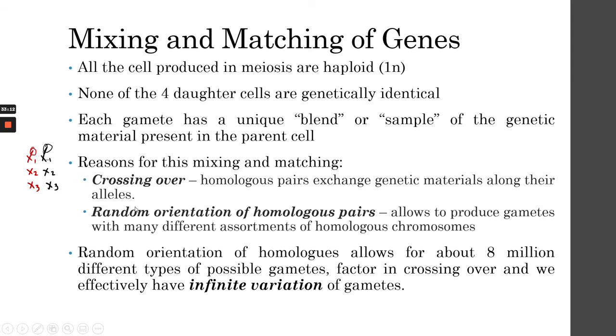So pairing these two up together, you basically can create an infinite variation of sperm cells and egg cells. Even though they came from one parent cell, the four daughter cells created are not genetically identical to each other, or moreover, to the parent cell, which is very different from mitosis.